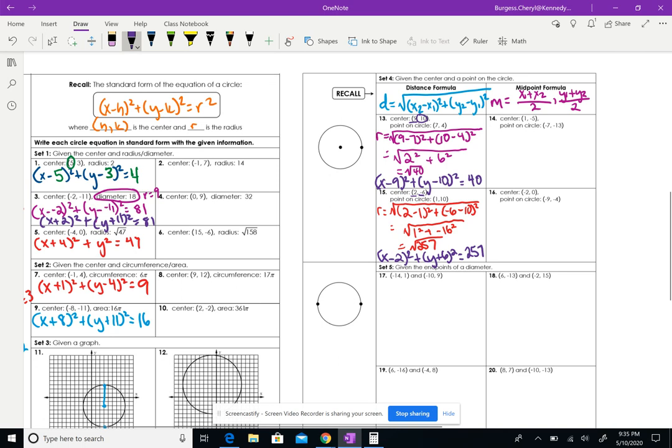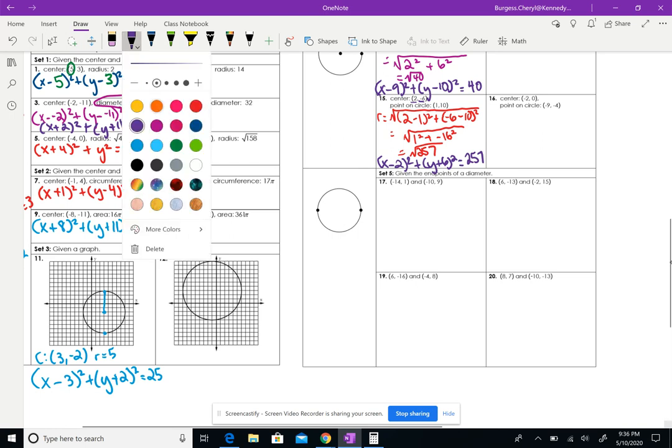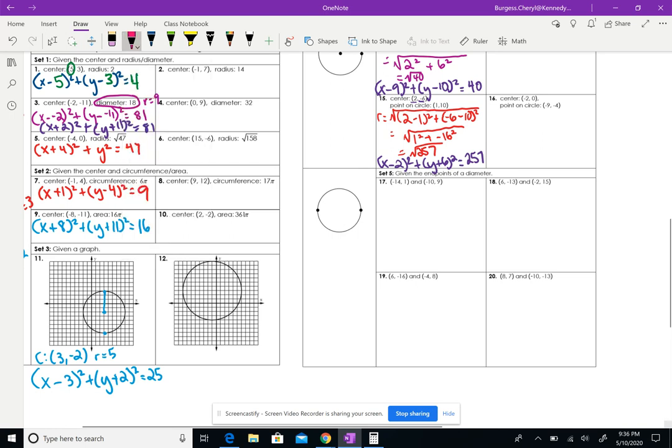So what if you give you endpoints of a diameter? Then you have to find the center, obviously. Which is good. I like midpoint formula better. So, number 17, we're going to do midpoint is negative 14 plus a negative 10 divided by 2, and 1 plus 9 divided by 2.